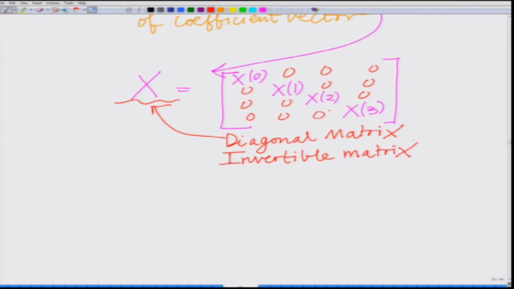This is an N cross N matrix. So X is a square, in fact diagonal matrix, hence X is invertible. Previously, when we considered the pilot matrix, it was N cross M, where N is the number of pilot vectors and M is the number of antennas at the base station. That was in the case of multi-antenna downlink channel estimation. Here we have something very interesting because of the nature of OFDM channel estimation: the pilot matrix X is N cross N, a square matrix.